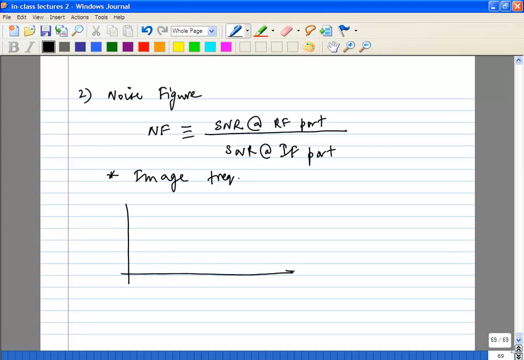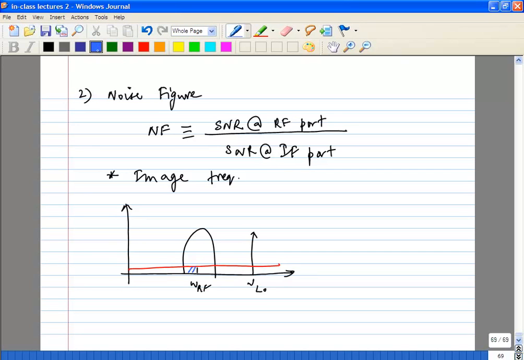So let's just draw it out, it's a lot easier to see. Let me exaggerate it a little bit so that we can see it much better. Let's assume this is your noise floor.